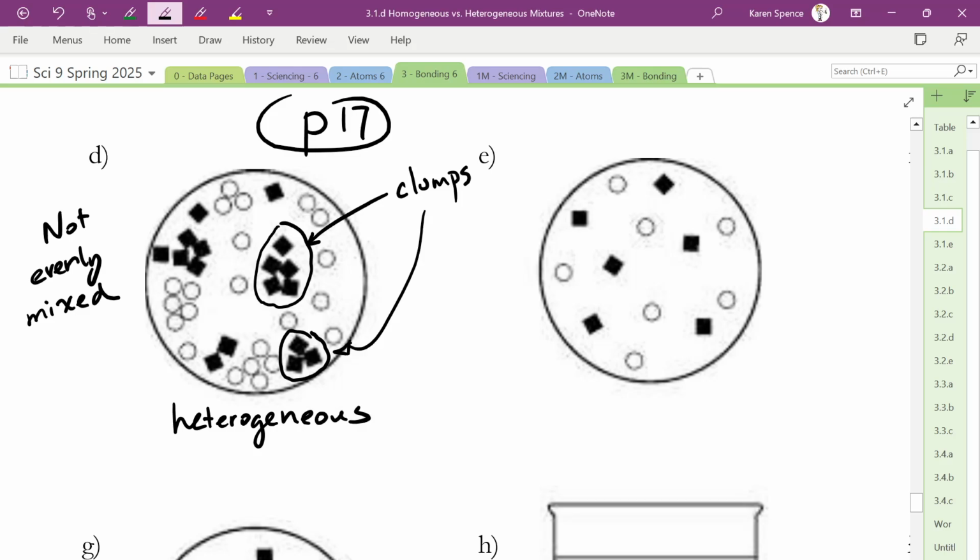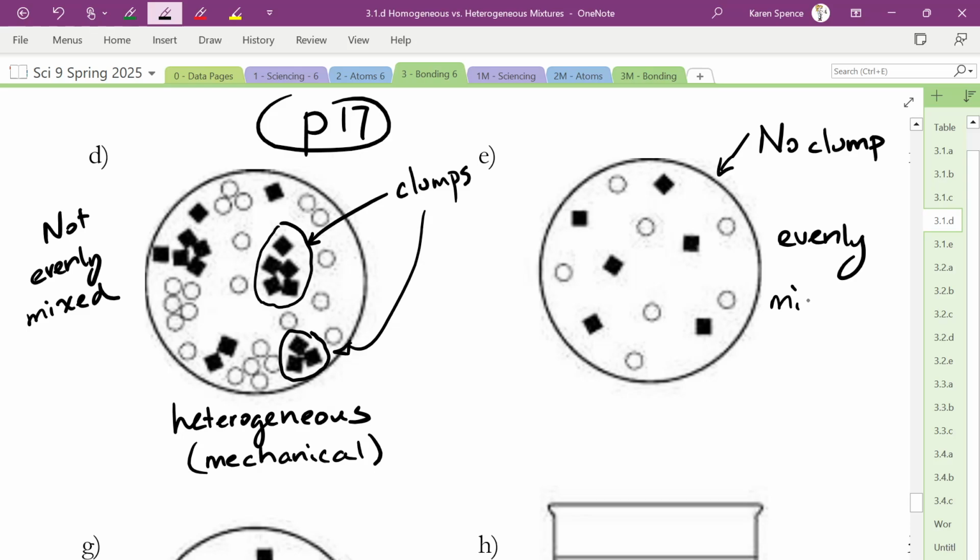What is the other name for that kind of a mixture? Mechanical. Are there any clumps in this one? No clumps. So it is evenly mixed.